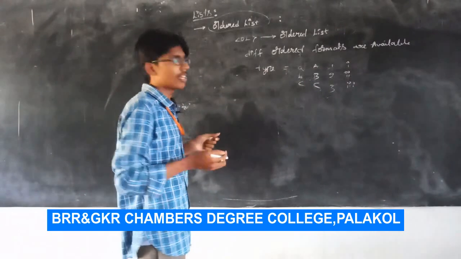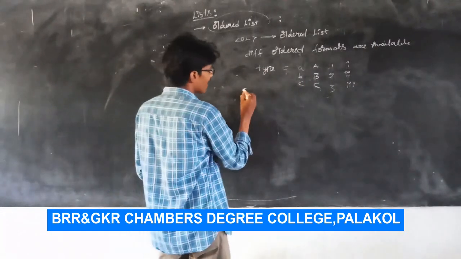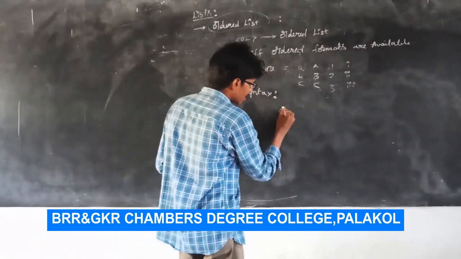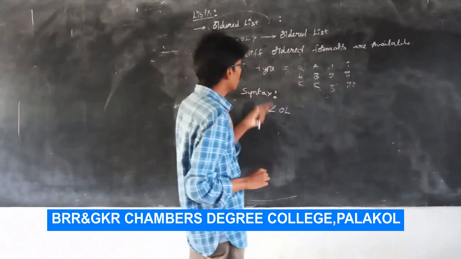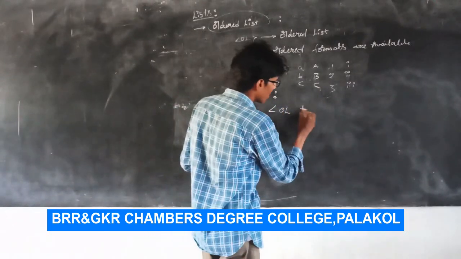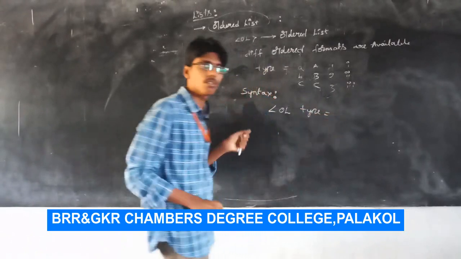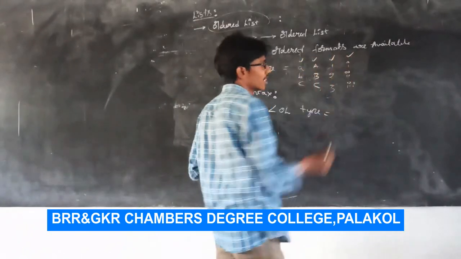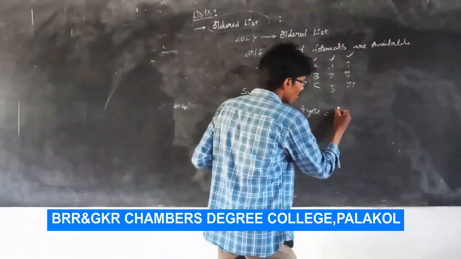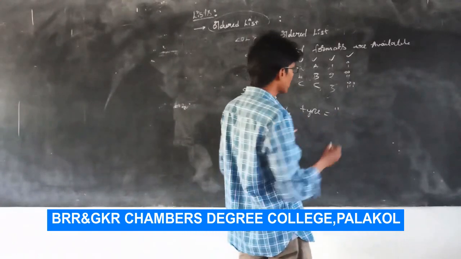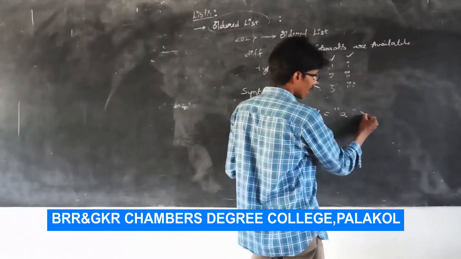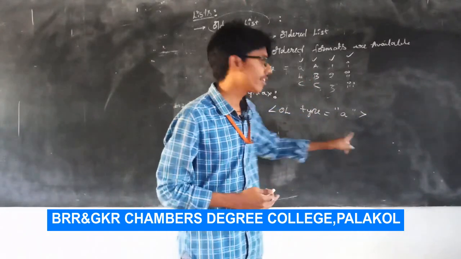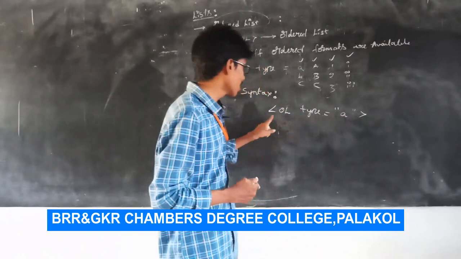How can we implement the ordered list? The syntax is as follows: the ordered list tag, and you have to include type as one of the attribute values. In the type you mention any one, in quotation marks, for example A. Then you include the greater than symbol. This is the whole tag, type with A, for the ordered list.